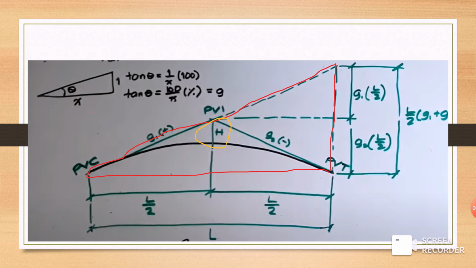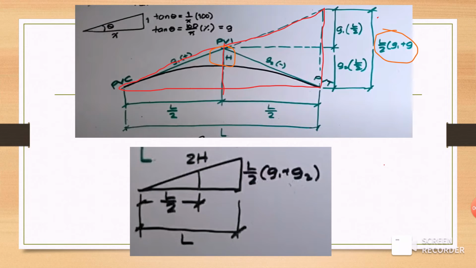And you can see that we can actually form a bigger right triangle, as you can see in the marker red. So we now know that the opposite side is L over 2 multiplied by g1 plus g2, and the adjacent side is just the total length. So in order to get the height, we establish certain parameters.